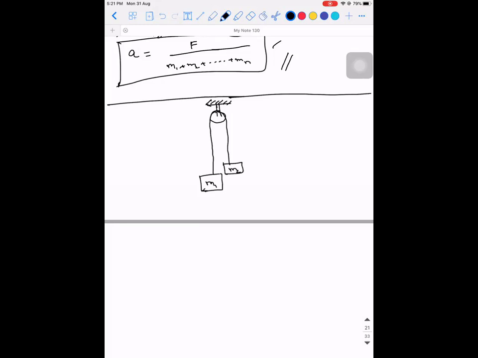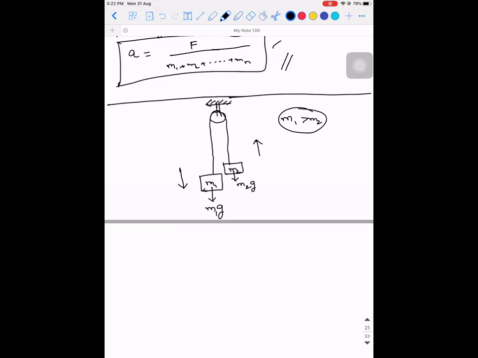Suppose M1 is greater than M2, what would happen? M1 will go down and M2 will rise up. So for any object to accelerate, what is necessary?